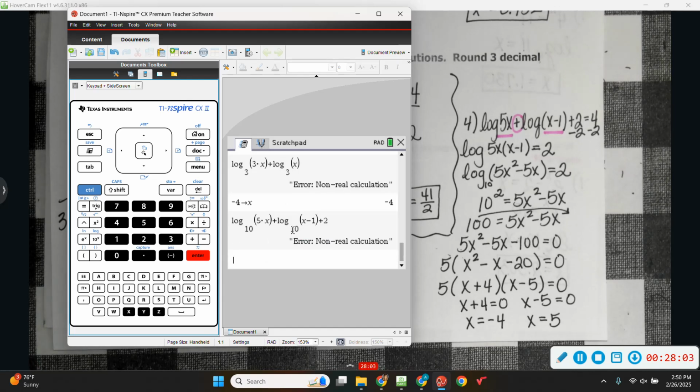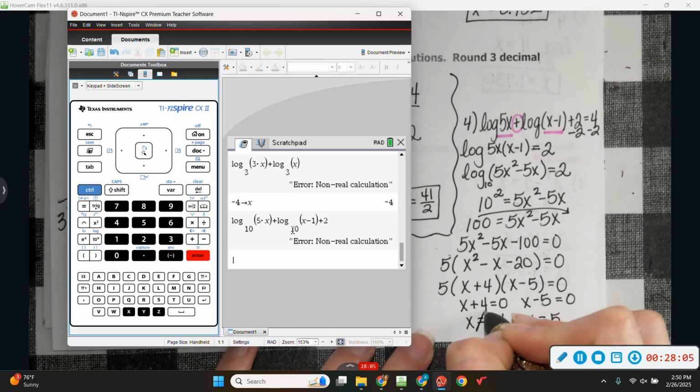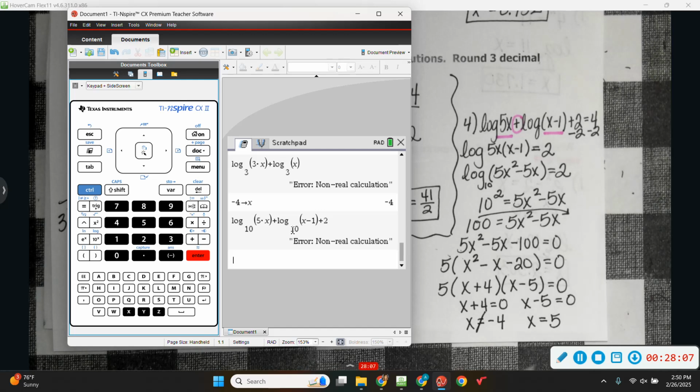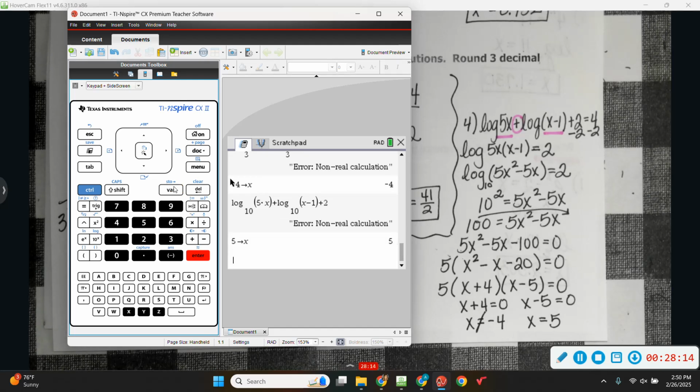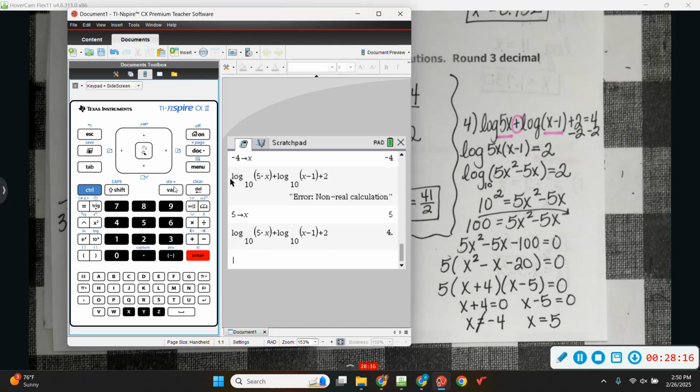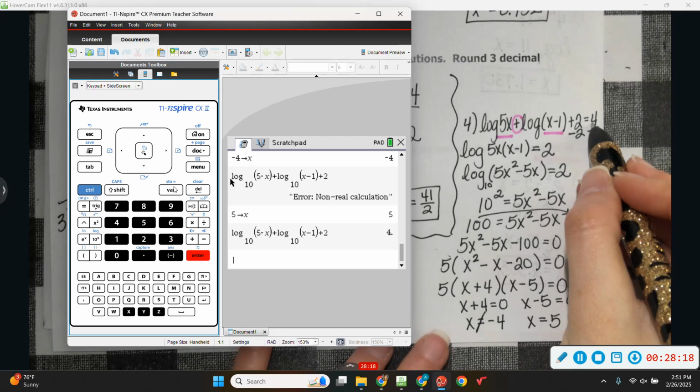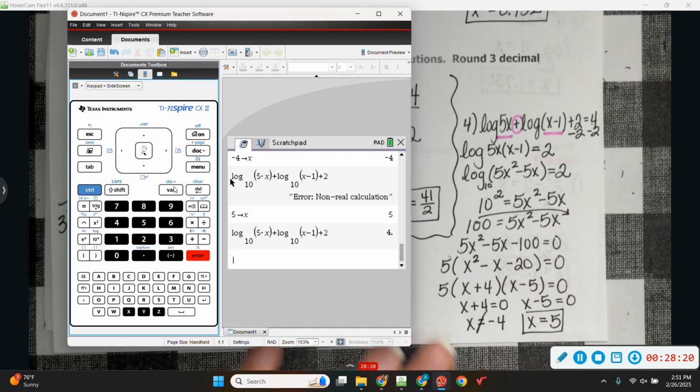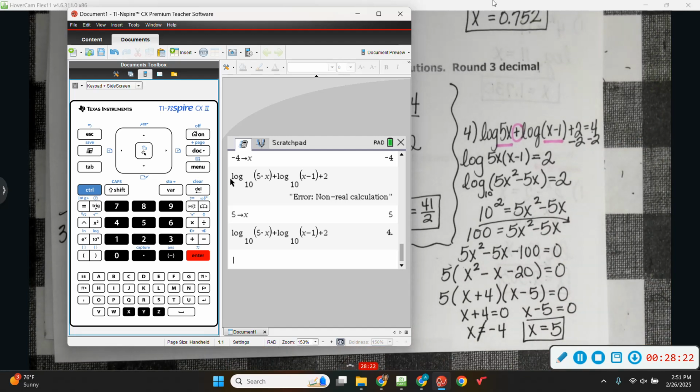Okay, so when I get that negative 4, it's extraneous because I got a non-real calculation. So then take 5, store for x, go back up. It gives me the 4 that I originally started with, so x equals 5 is my solution.